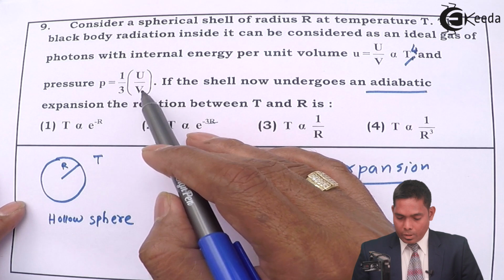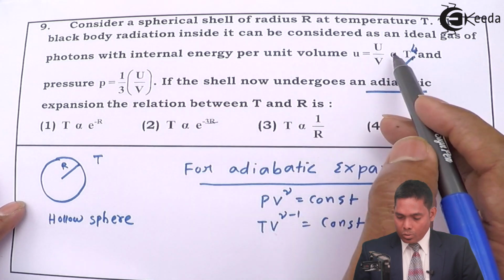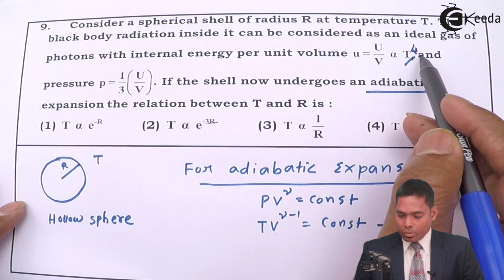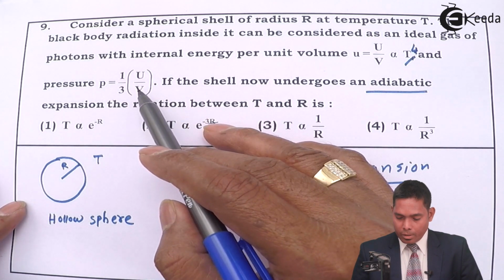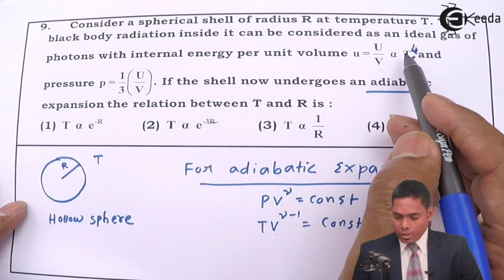So P is proportional to U by V, and U by V is proportional to T raised to 4. So P is proportional to T raised to 4.